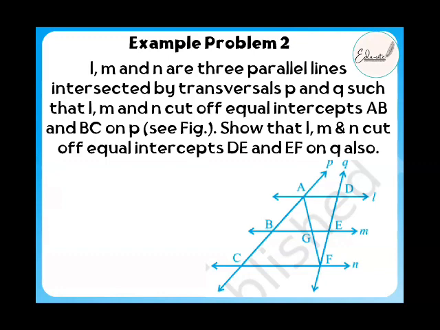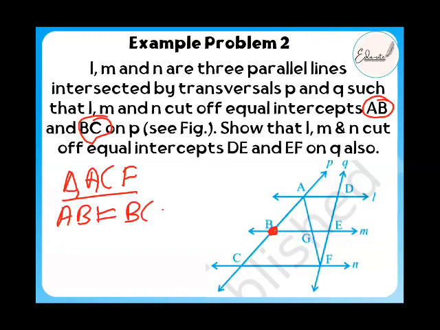We are considering the triangle ACF. In triangle ACF, which is a midpoint? They have already told you that AB is equal to BC, and here B is the midpoint. If B is a midpoint, then AB is equal to BC.